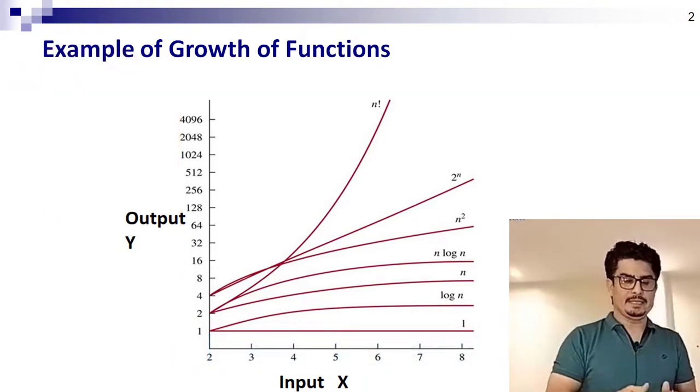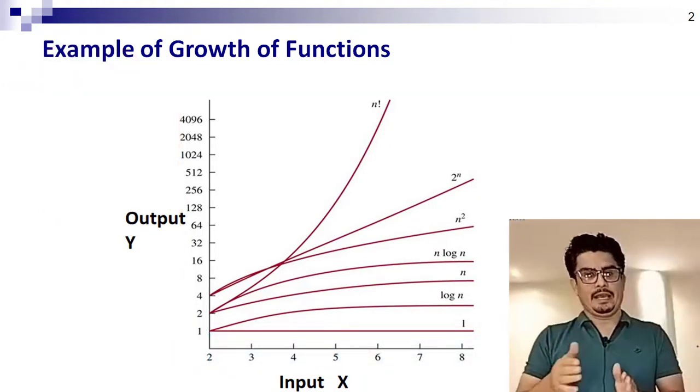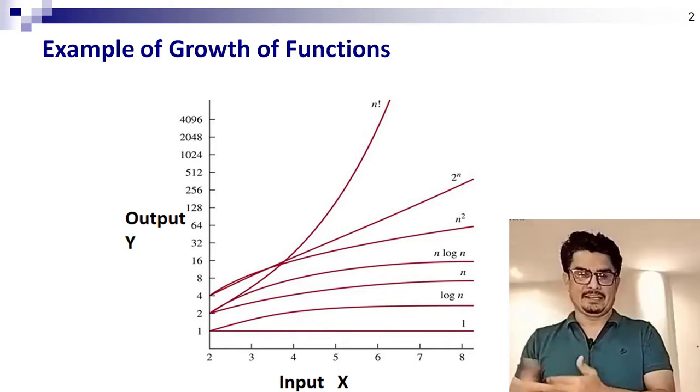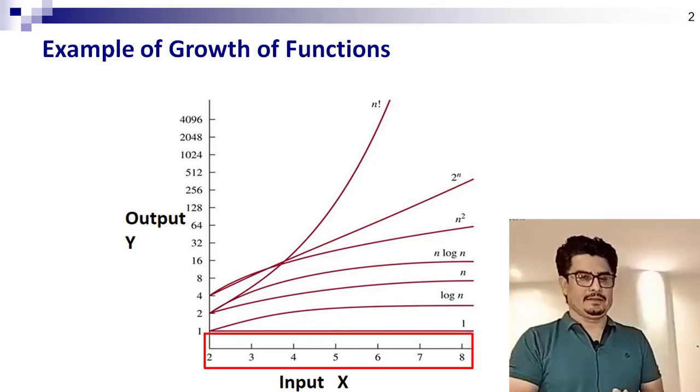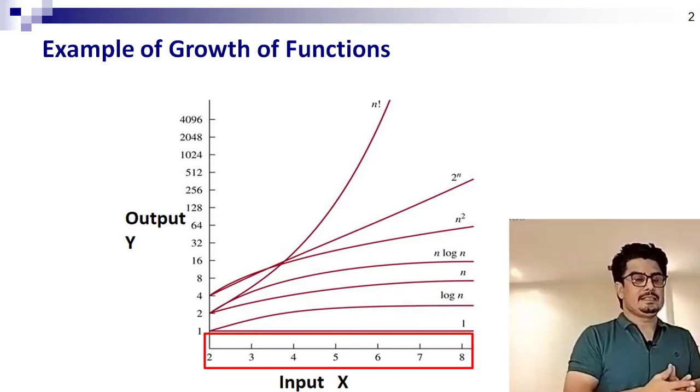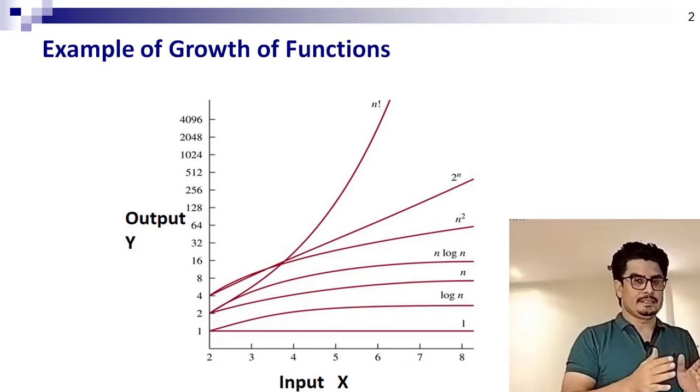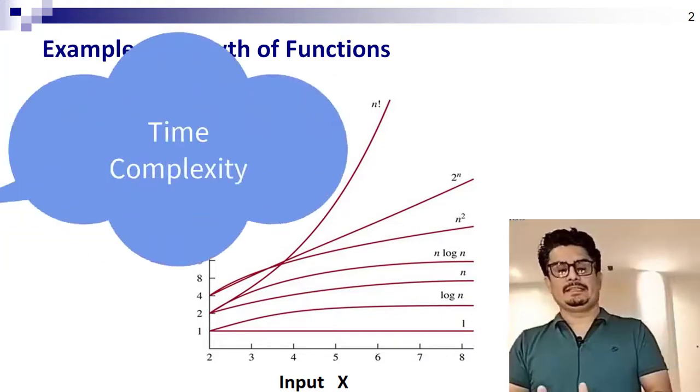So it means that the function should have inputs which are in ascending order, like you can see here 2, 3, 4, 5, 6 and 8, because here we are discussing the time complexity.